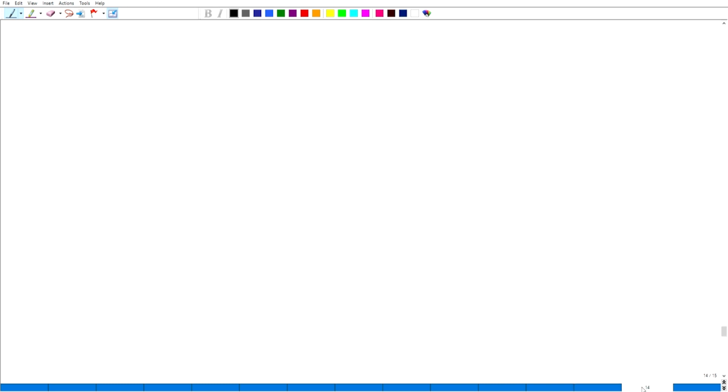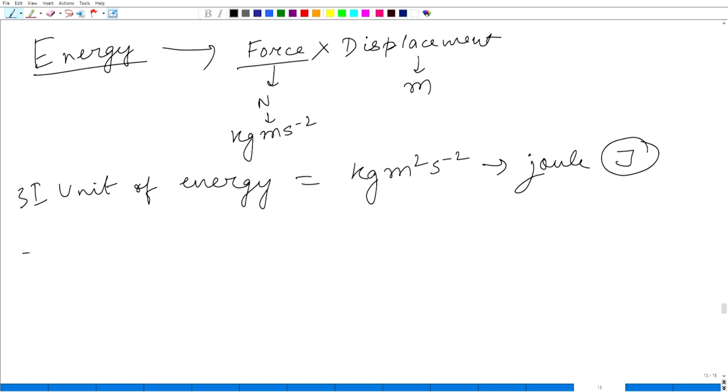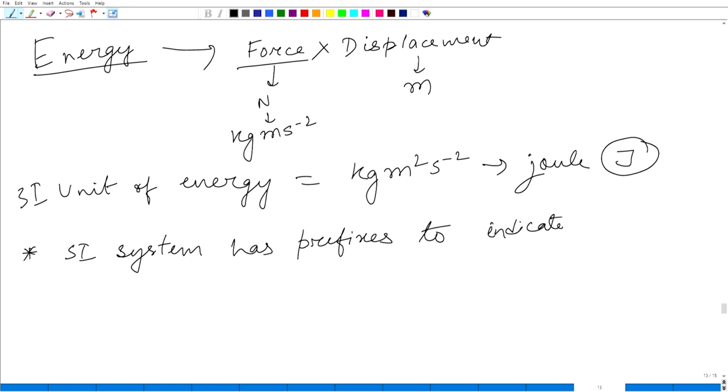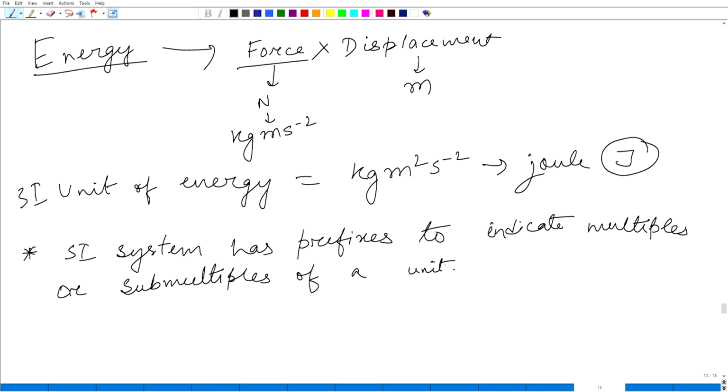Okay, so SI system has prefixes to indicate multiples or submultiples of a unit. Okay.